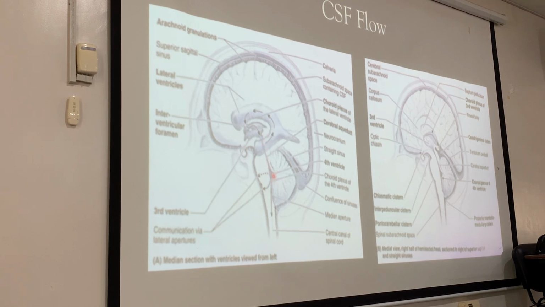And CSF is transmitted into the fourth ventricle here. Okay. So from the fourth ventricle, there are lateral foramina of Luschka, which will transmit the CSF to the cerebral subarachnoid space. So lateral foramen of Luschka, and then there is another median foramen of Magendie here.